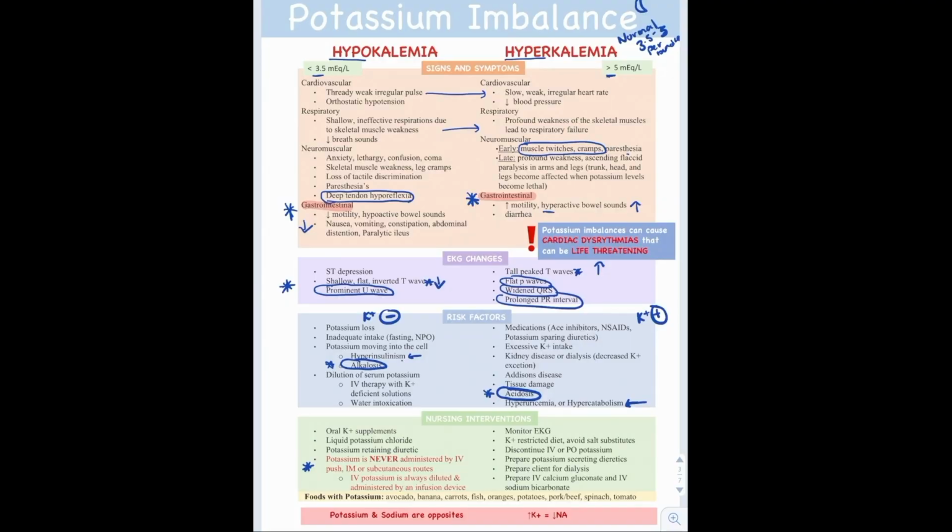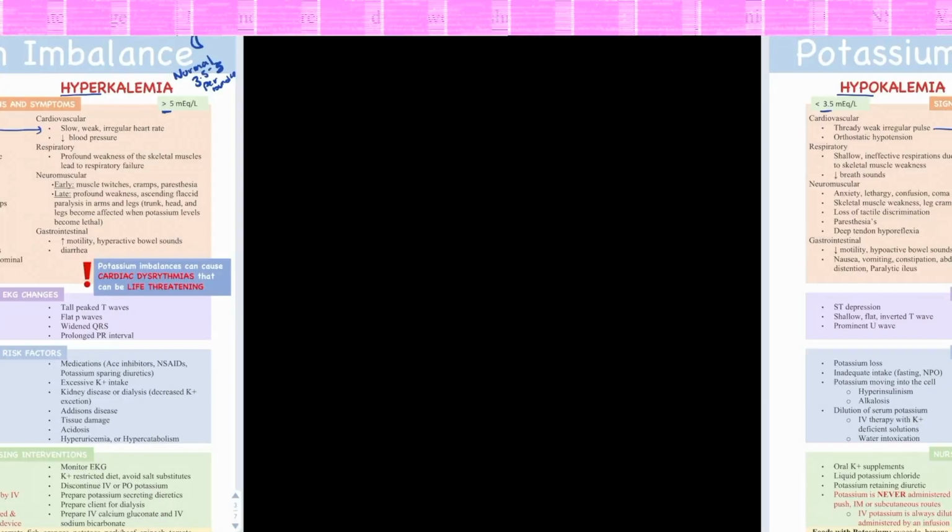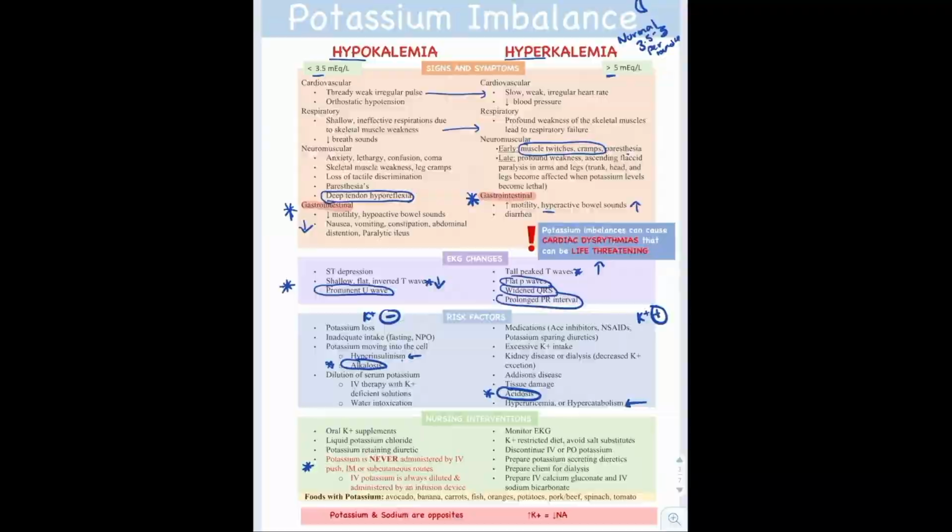For hyperkalemia, the nursing interventions are to monitor EKG, restrict potassium diet, avoid salt substitutes, discontinue IV or PO potassium, prepare potassium secreting diuretics, prepare client for dialysis, and prepare IV calcium gluconate and IV sodium bicarb.